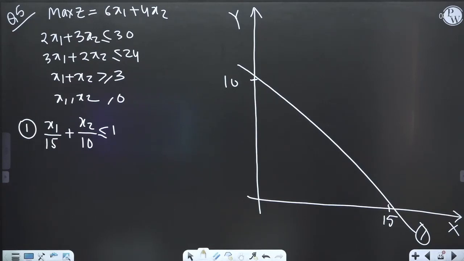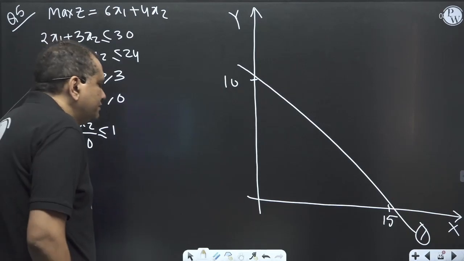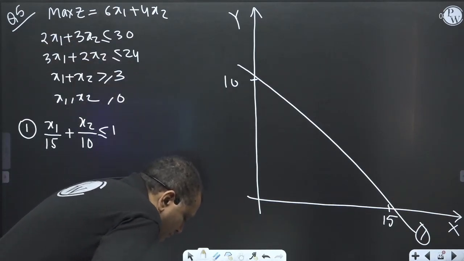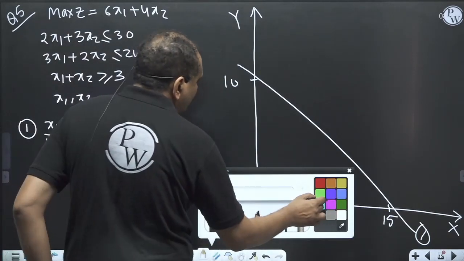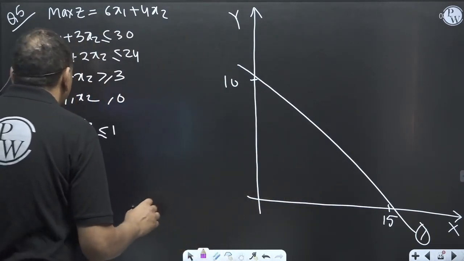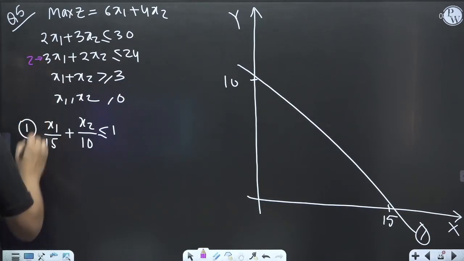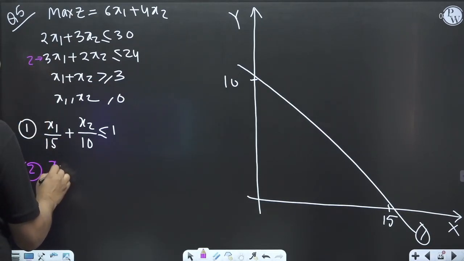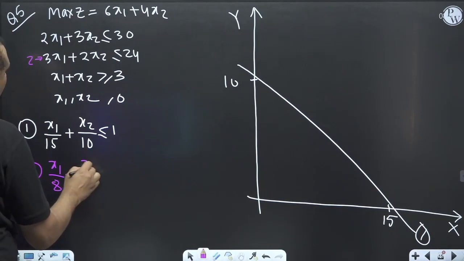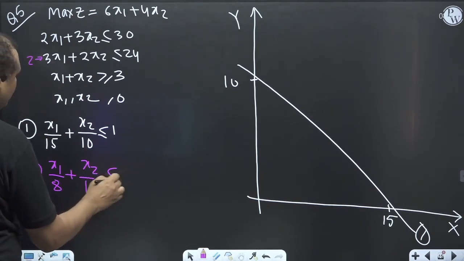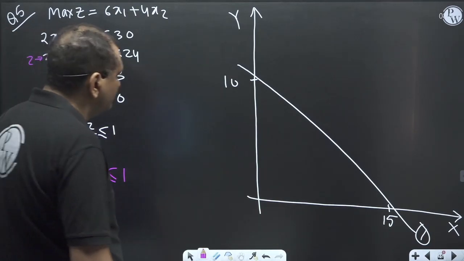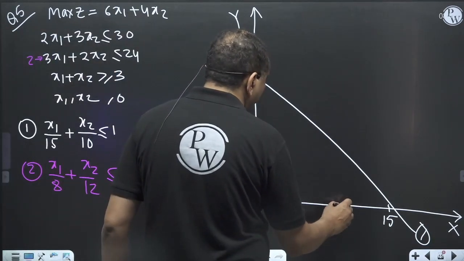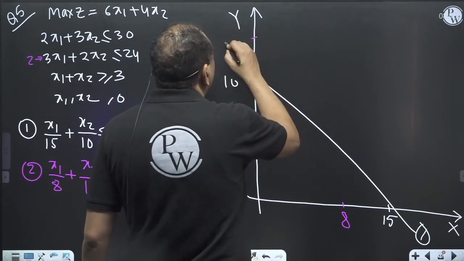Second constraint, x1 divided by 8 plus x2 divided by 12 is less than or equal to 1. 8, 12.